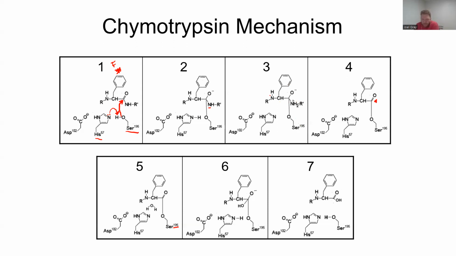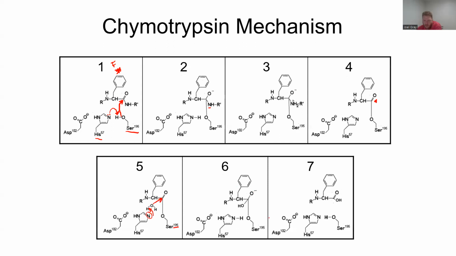And whenever that happens, and when water comes in, now what we can have happen is the hydroxide from our water can go towards our carbonyl carbon. And when that goes towards our carbonyl carbon, well, the nitrogen on the right-hand side of our ring can pick up that hydrogen.